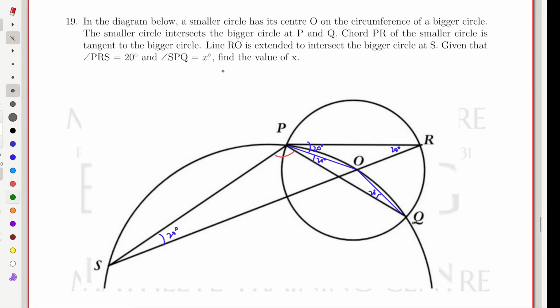In our big triangle PSR, I already labeled all the angles besides the one in red color. I have 4 copies of 20 degrees in this diagram already. So the one in red color will automatically be the last angle here. So this angle will be equal to 180 degrees minus 20, minus 20, minus 20, and minus 20, which is 100.